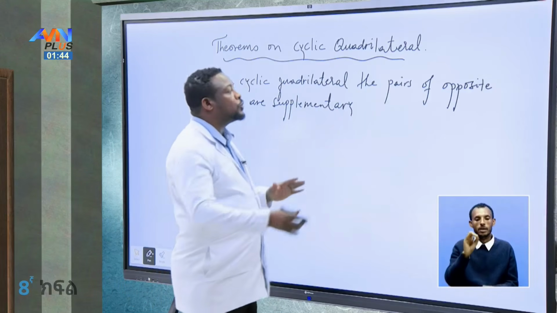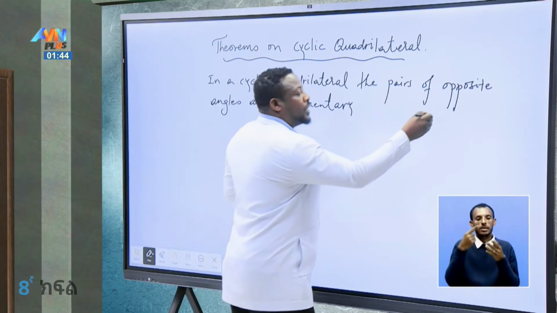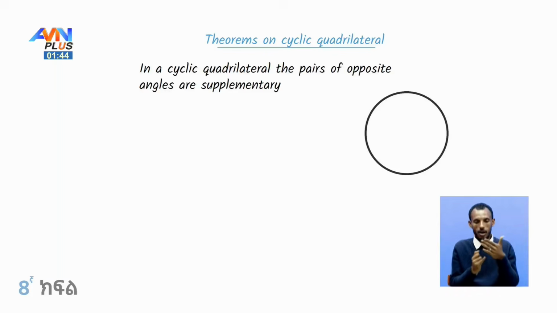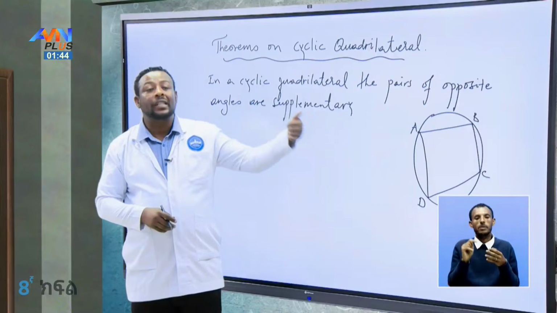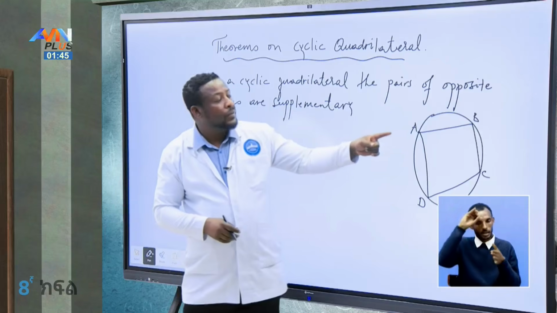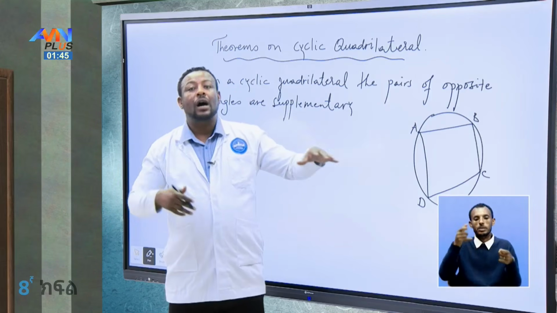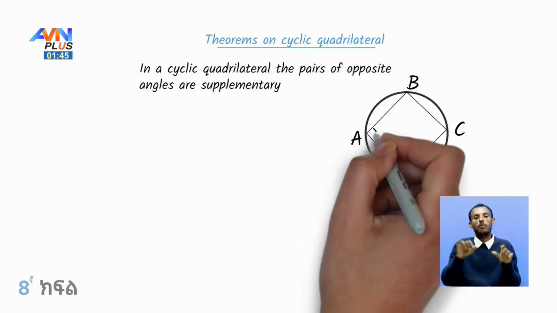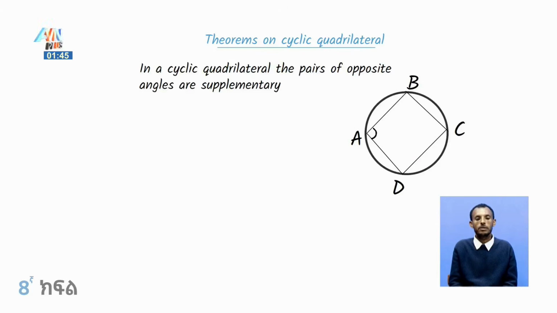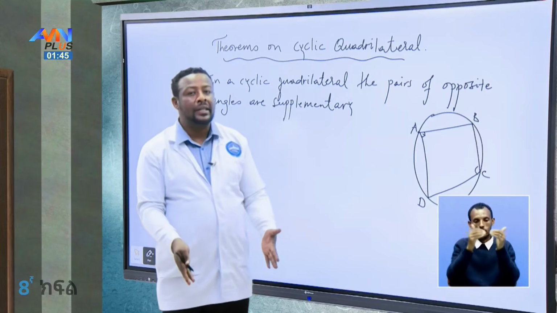Geometrically, to understand this theorem, you can roughly construct a circle. Say this is a cyclic quadrilateral with vertices A, B, C, D. This theorem is literally saying that the degree measure of the pairs of opposite angles are supplementary, meaning that the degree measure of angle A and angle C, whenever you add these two, the sum gives 180 degrees.